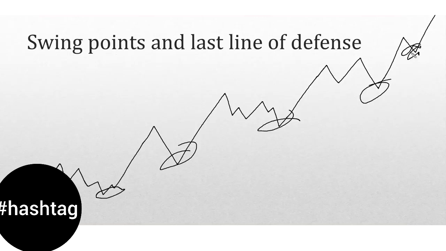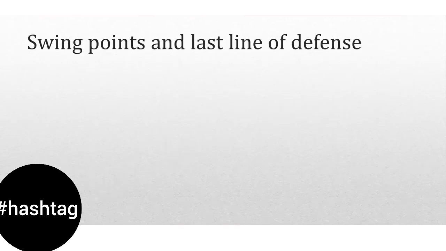So this is what I mean by swing points. This is important because they serve as a frame of reference to what stage the market is in. Let's say, for example, the market goes up here like this. We identify this swing point.